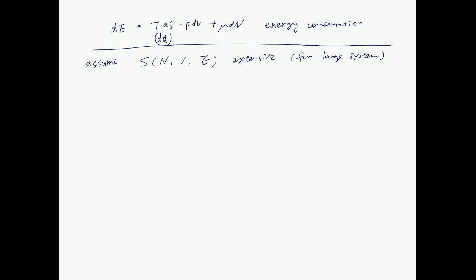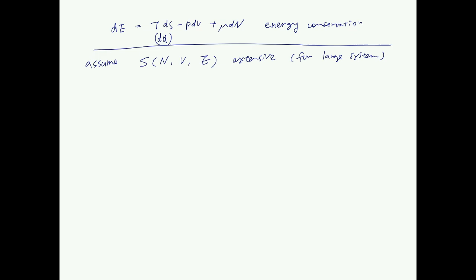The energy conservation is probably a more fundamental conservation law, so even when the entropy function is not extensive, your energy conservation law should still be valid. But there are systems where the entropy function is not extensive.